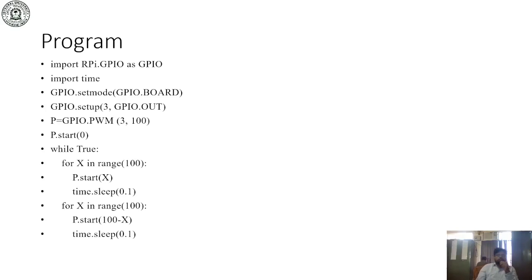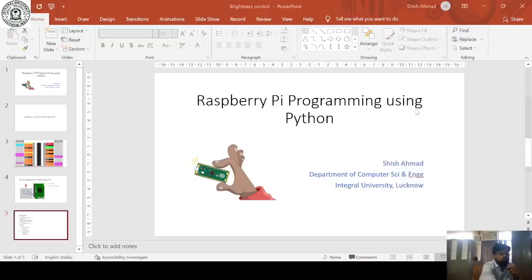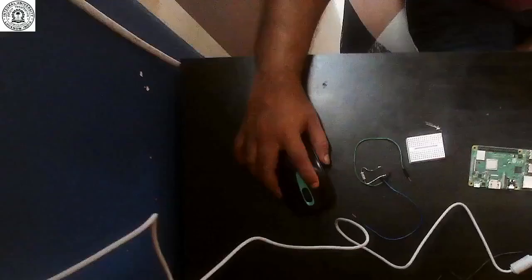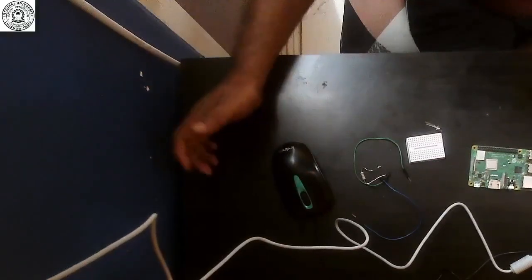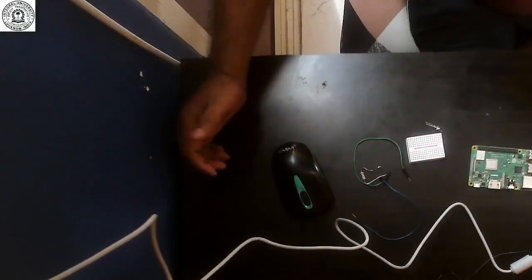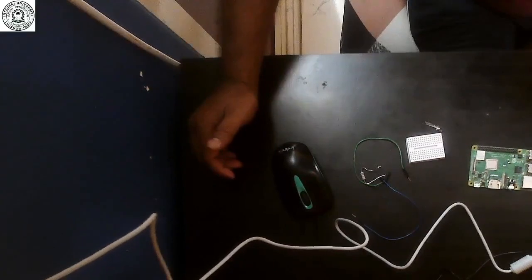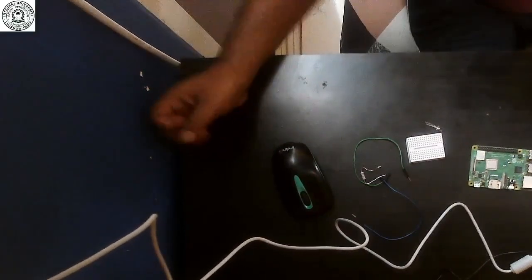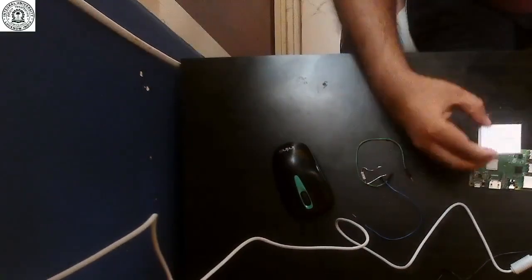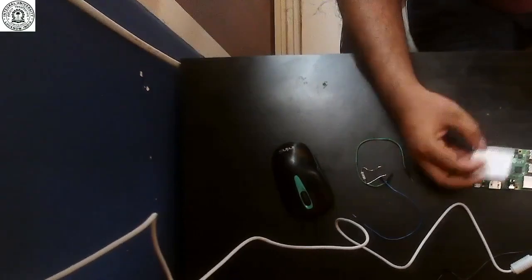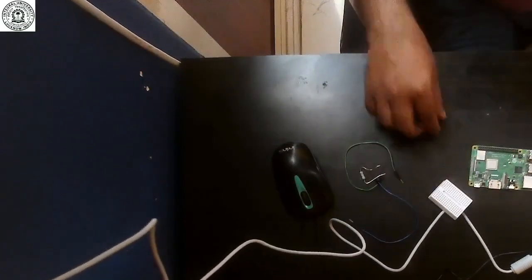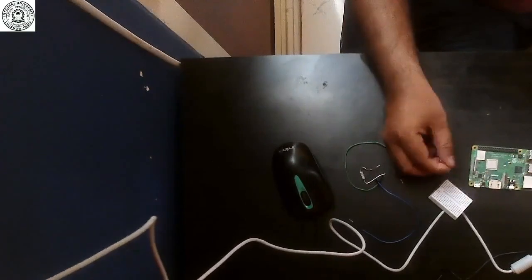Okay, so let's see the connections of the Raspberry Pi and start the programming. So let's start the connection of LED brightness control. Here again I have the breadboard, and of course the LED.